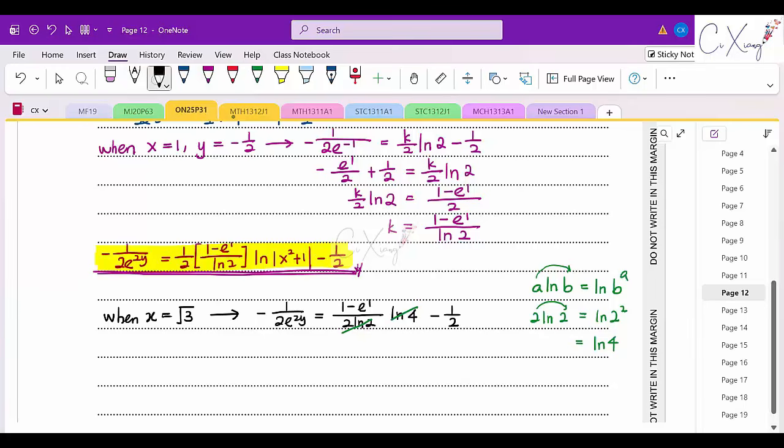So what do I have here now is negative 1 over 2 e power 2y equals to 1 minus e power 1, then minus half. Then 1 minus half, I get a half. So I'm having half minus e power 1.